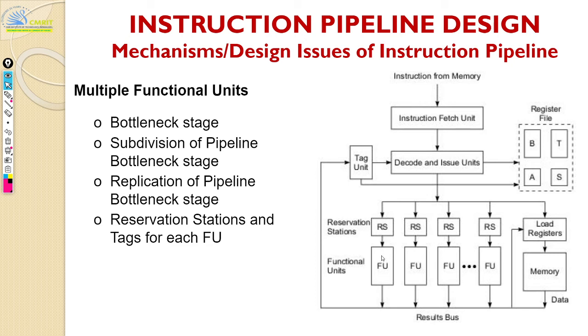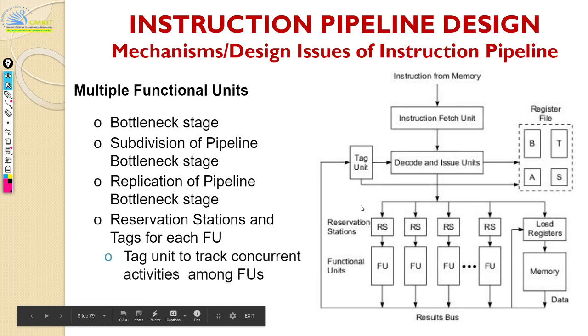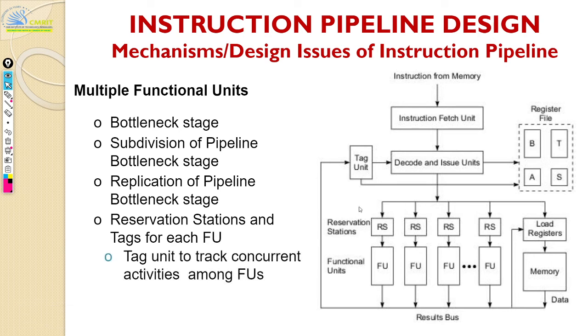And each functional unit will have a tag. Okay, this tag is going to give an identity to the functional unit, and then it is going to say what data this functional unit is dealing with. Okay, so what are the registers involved with this functional unit. So you're going to have a tag unit that is going to track all these activities among these functional units.